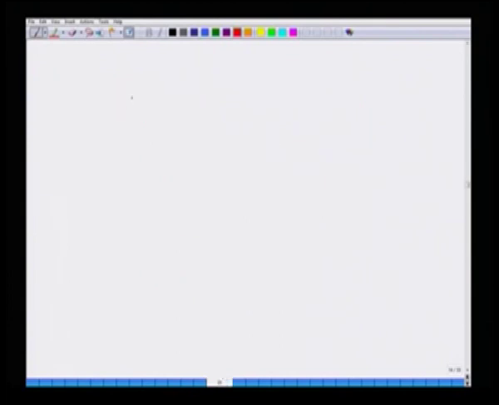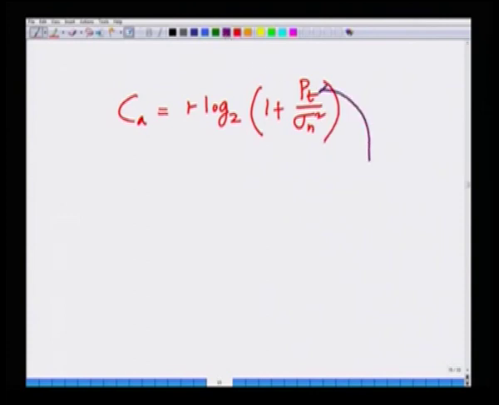Hence, we have C asymptotic equals R times log 2 of 1 plus P_t over sigma_n squared, where P_t is the total transmit power.